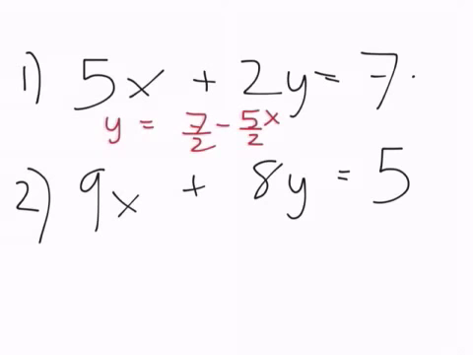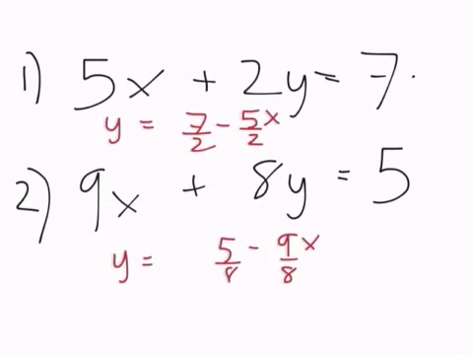The same goes for the second equation: y = (5 - 9x)/8. Both of these have negative gradients, the first one having -5/2, the second one having -9/8. So we can graph it.